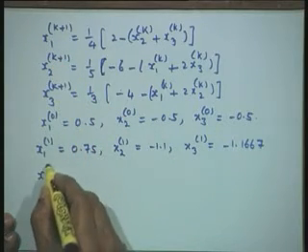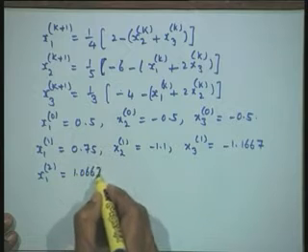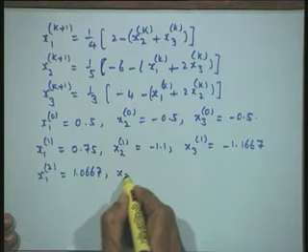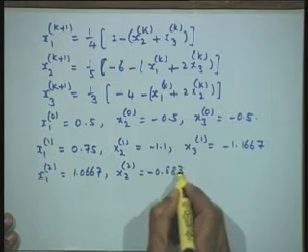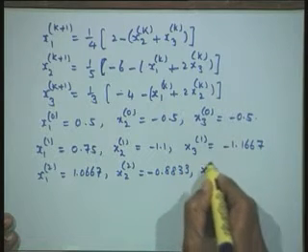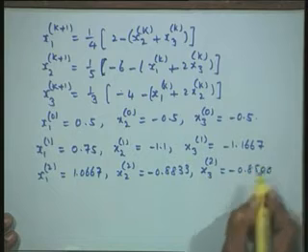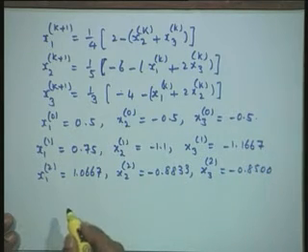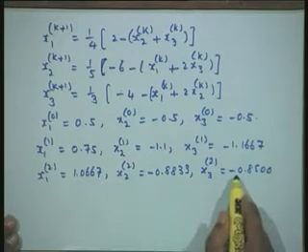So, the next iterated values are these: x 1 of 2 is 1.067, x 2 of 2 is minus 0.8833, x 3 of 2 is minus 0.8500. This completes the second iteration.